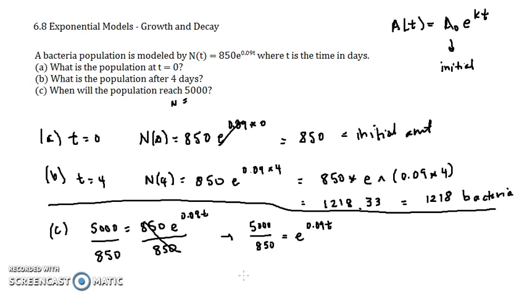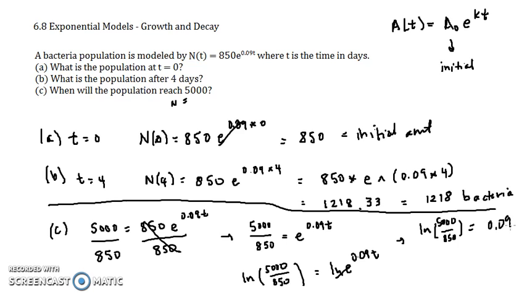So if we take a natural log on both sides, we've got natural log of 5,000 over 850. That's just a number. You can put that in our calculator. On the right-hand side, we have natural log of e to the 0.09t. Now, we don't even have to bring that down because remember, natural log and e cancel out.